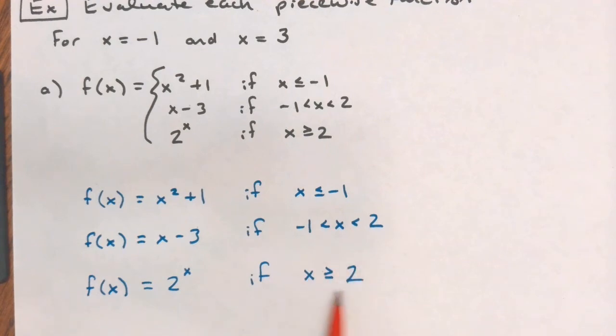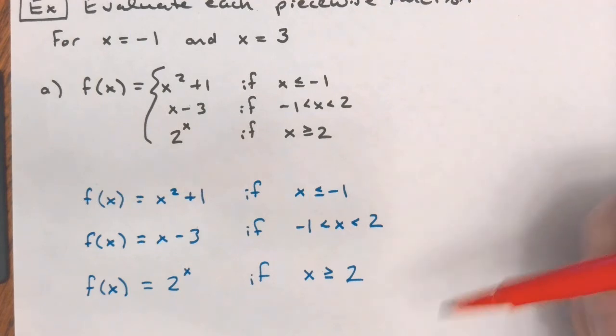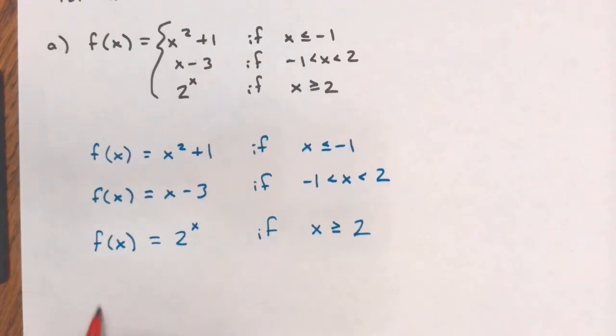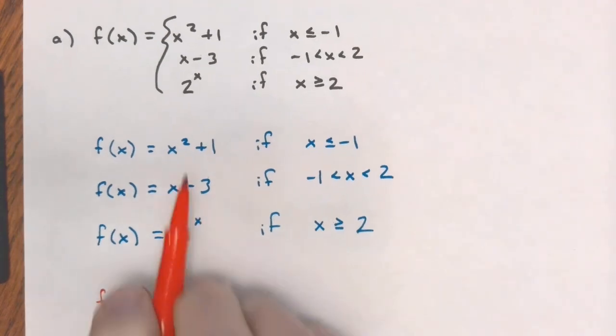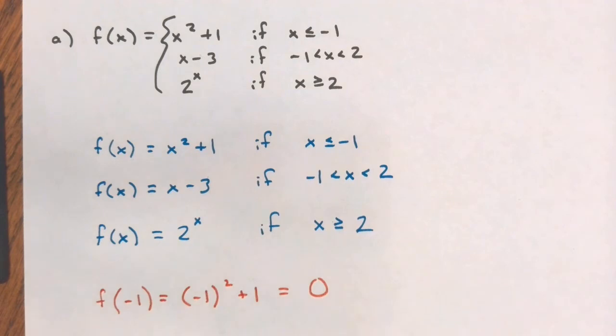These are all the values that are 2 and larger, and we're trying to plug in something that is smaller than 2. So the only equation we're going to be plugging that into is this top equation. So we want to evaluate f of negative 1, and we're going to be plugging it into this top equation only, so that would be negative 1 squared plus 1, or 0. So our final answer there is 0.